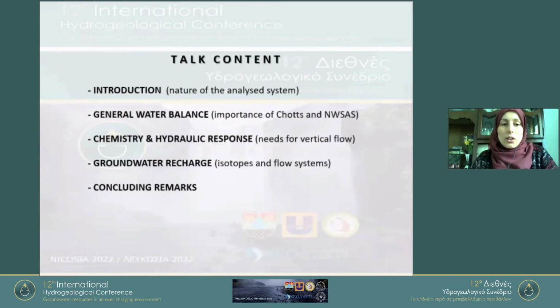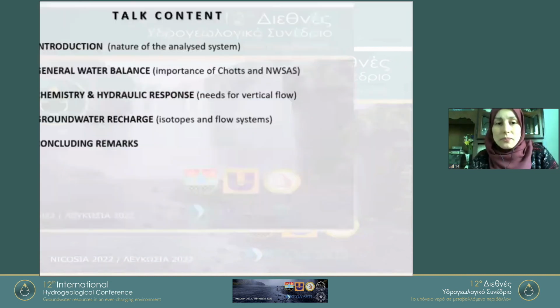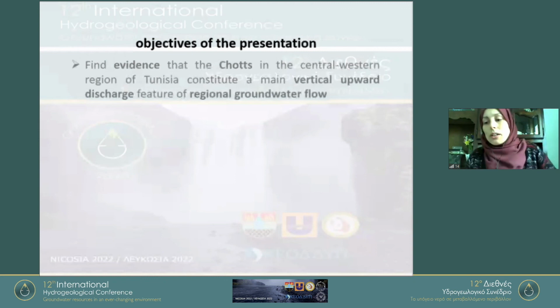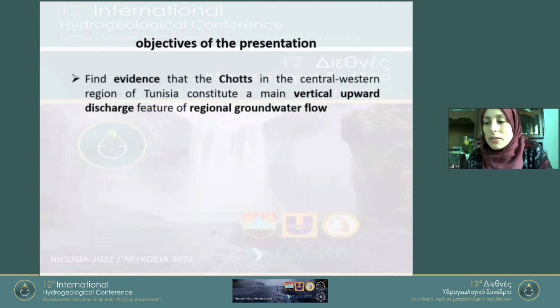The content of the talk is an introduction, the nature of the aquifer system, a brief look at the general water balance, chemistry and hydraulic response, last but not least groundwater discharge, and finally, concluding remarks. In this work, we try to find evidence of a vertical component of flow in Tunisia.